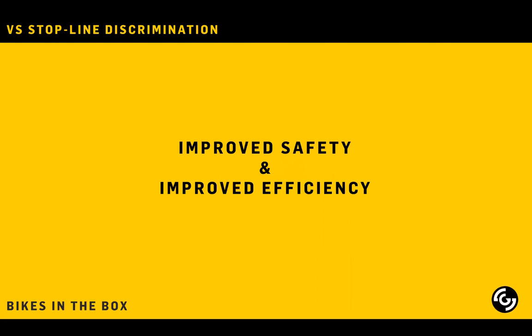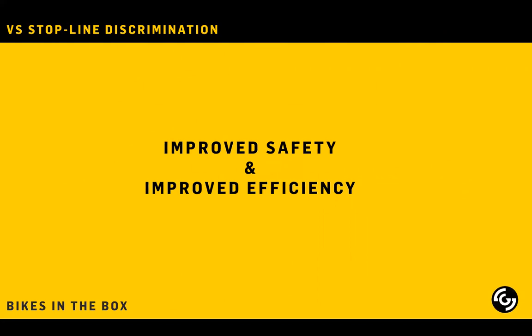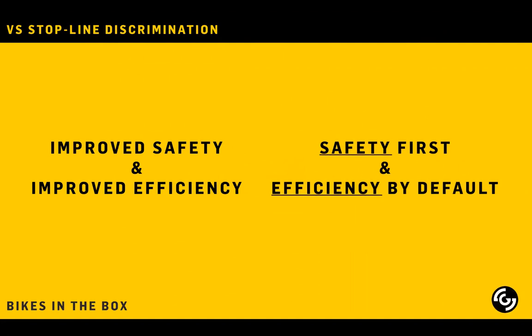And I think that's special to state again. It's not just more efficient, it's also safer. One of the things you'll see me highlight as I go through this presentation is the concept of safety first, but the way that GridSmart has approached this problem allows us to achieve safety first and efficiency by default.